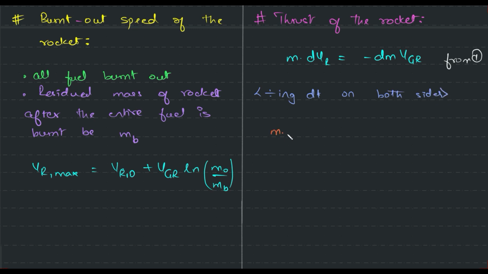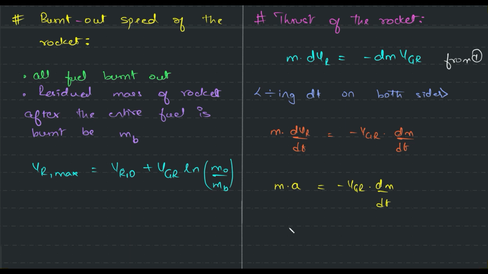And we have m dVr by dt minus Vgr dm by dt, right? This is nothing but your acceleration. dm by dt is the rate at which you are burning the fuel.